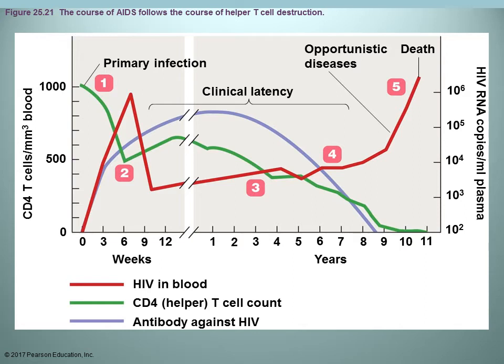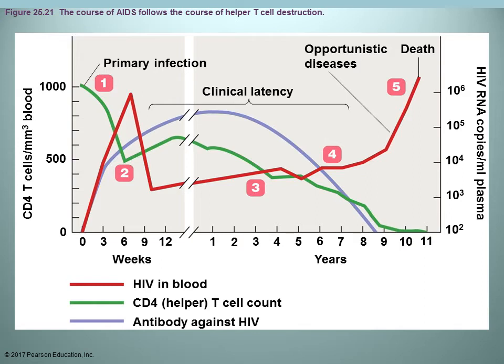Early on in the infection, the numbers go up, and then it drops down. Why? Because the virus is hiding out in your cells. And then gradually over time, eventually it will increase in the blood late in the infection.